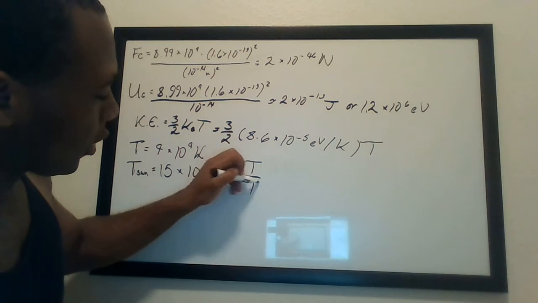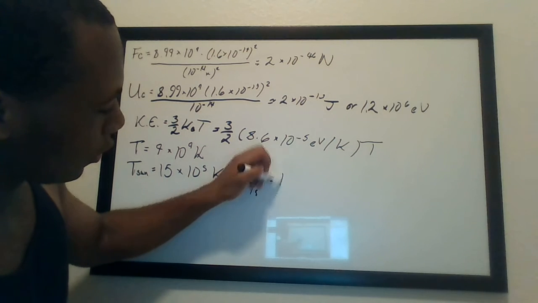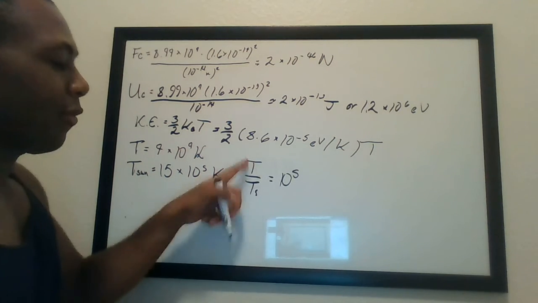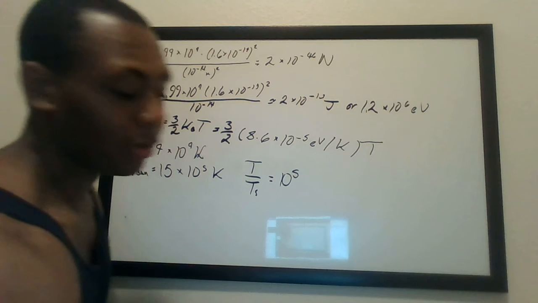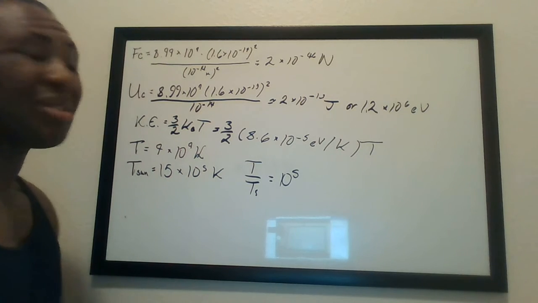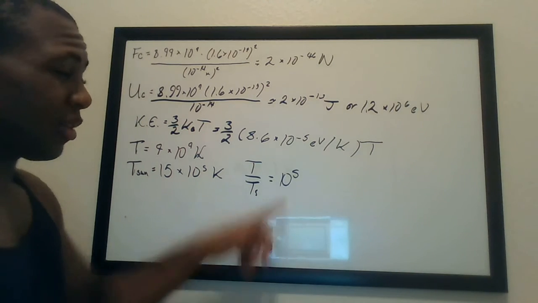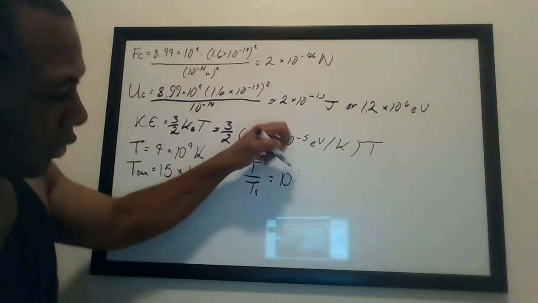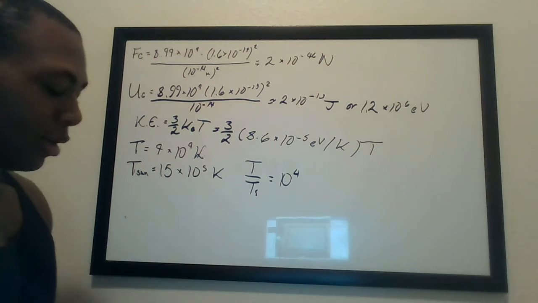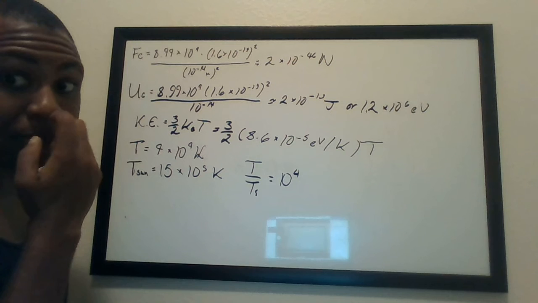So T over T_S is 10 to the 5th. It's really somewhere along 4 orders of magnitude because this is a 15, but that's ridiculous.